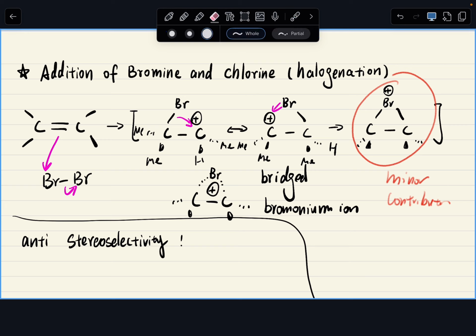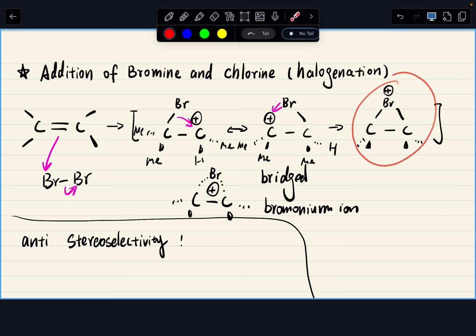But nevertheless, what else is different? Now, the difference between the carbocation in this case, in this bridged bromonium ion, I'm not very good at this. So the bridged intermediate, compared to the free carbocation we have over there, we have a clear difference. When we have that free carbocation, keep in mind that's a planar molecule, right? So when your nucleophile approaches that free carbocation, it doesn't know which face to go.